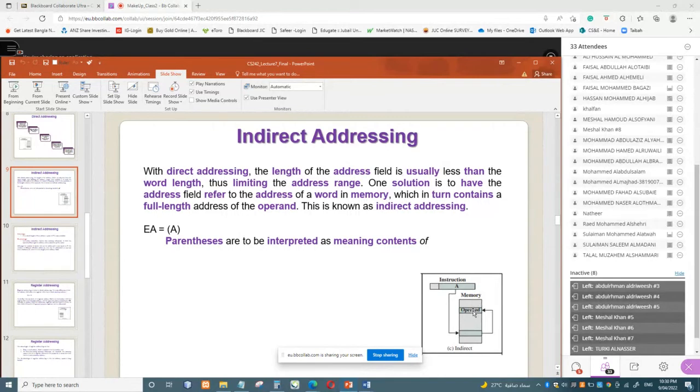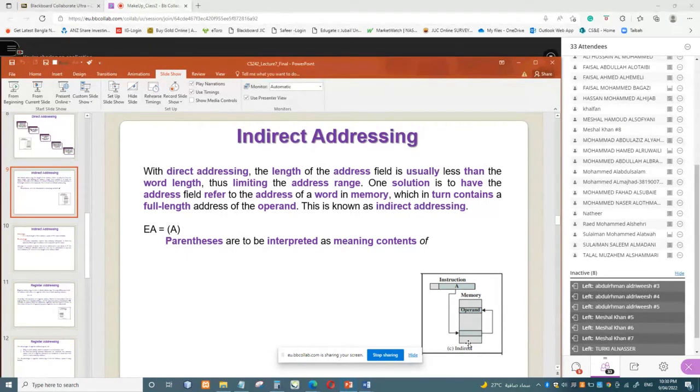Again, indirect addressing is just like this: in your instruction, you refer to some memory location which is not your real memory location, because these memory locations are only in the lower part of your main memory. You know that main memory starts from 0000, then 0001, then 0002. These are the memory locations you can refer to using say 8 bits or 10 bits or 12 bits.